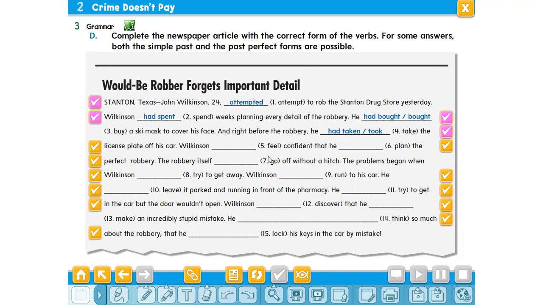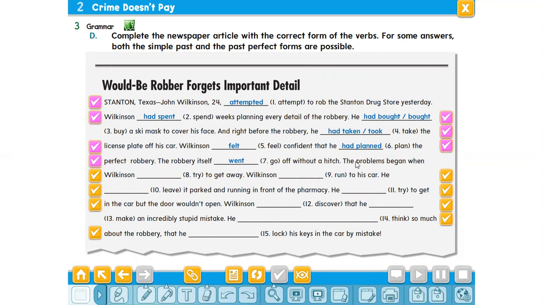Wilkinson felt confident that he had planned the perfect robbery. Feel will be felt in the past form and plan will be had planned. The robbery itself went off without any hitch, without any problem or obstacle. Go will be went, past simple.